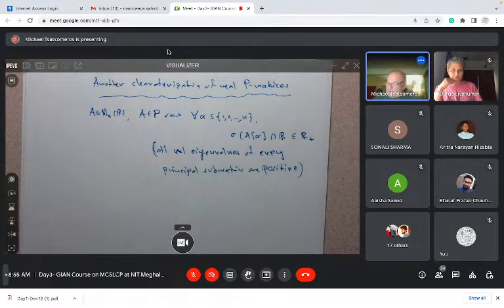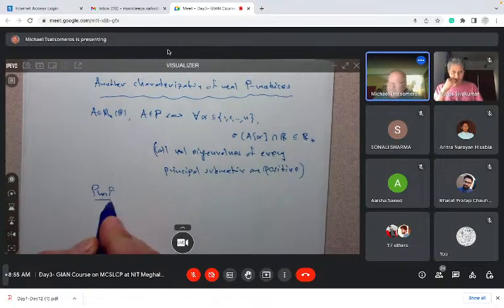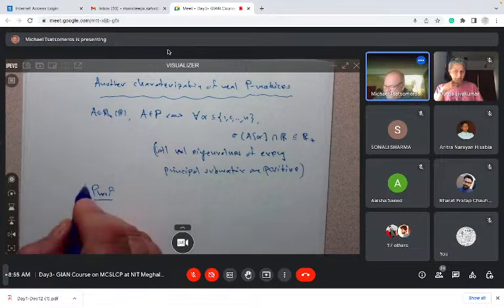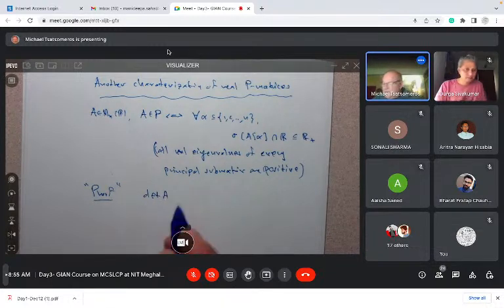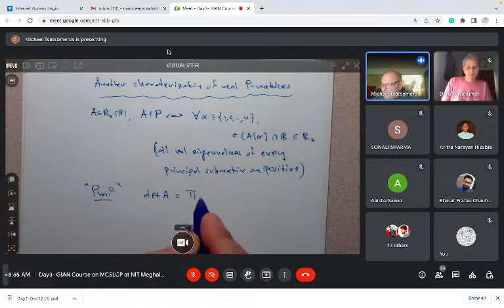So, sketch of proof. Okay, let's look at A. So the determinant of A is the product of the eigenvalues.